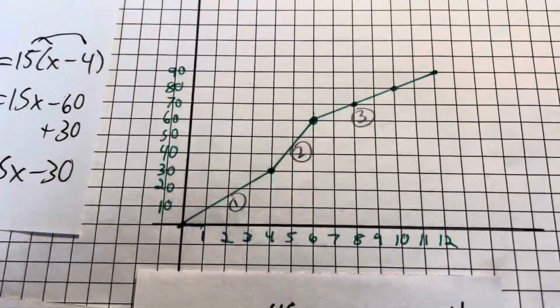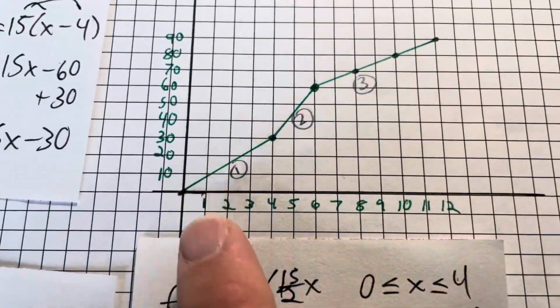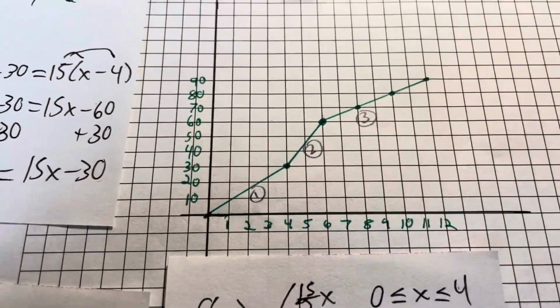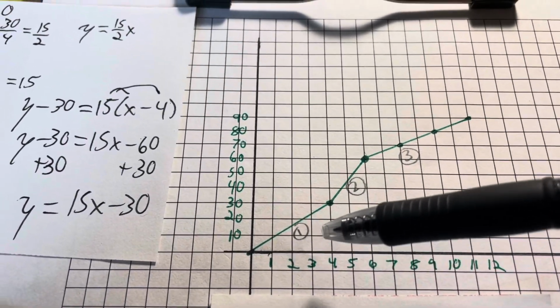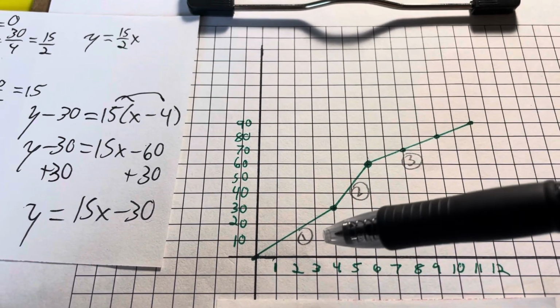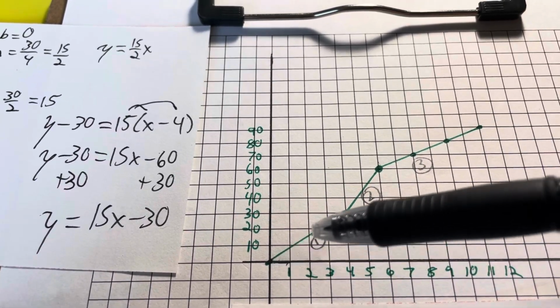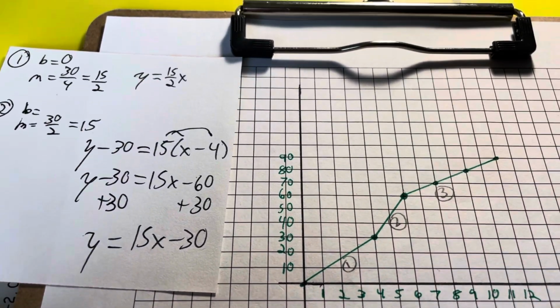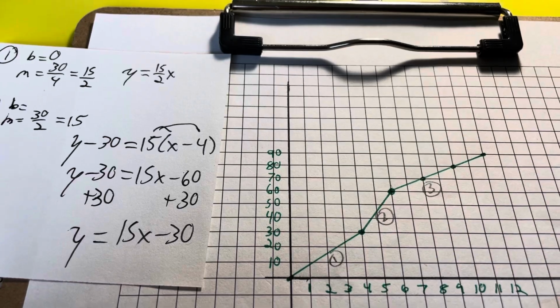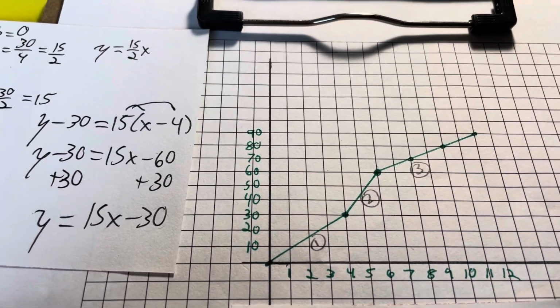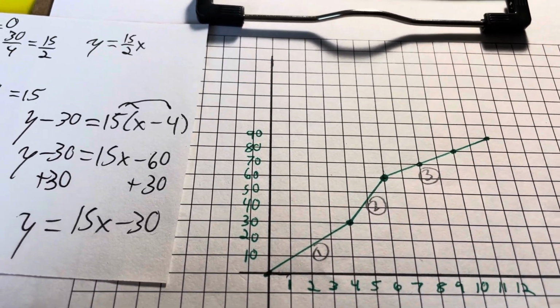All right. So, the first equation starts here at 0 and then goes over here to 4 for x. Again, the domain is 0 to 4, where it starts, where it stops. It ties directly back to all of that stuff that we talked about with domain and range, where something's increasing, where it's decreasing.